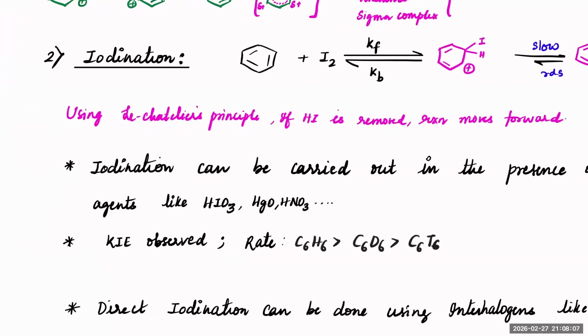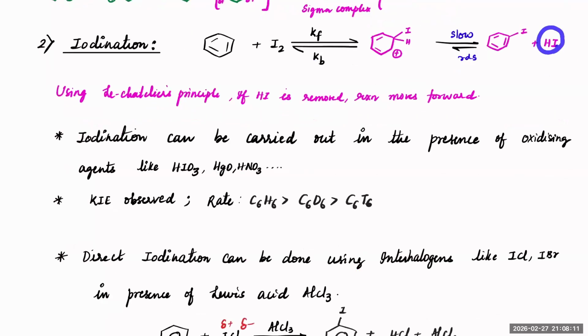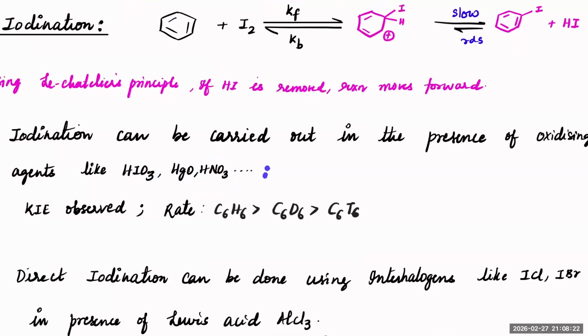Now to push the reaction more in the forward direction, whatever HI is forming can be removed by using some mild oxidizing agent, like HIO3, HgO, HNO3. Okay, what will they do? See, for example, if I have HIO3 and I treat this with HI, both will undergo reaction to form H2 plus I2.